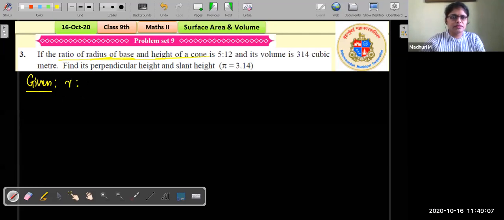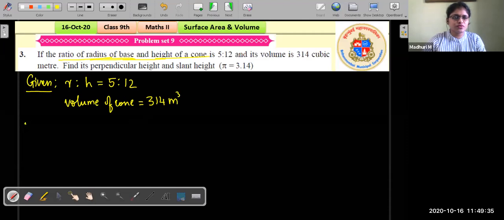The ratio of radius to height is 5:12. And we are given the volume of this structure, that is volume of cone. The shape is given, that is a cone, and the volume is 314 cubic meters, or we can write it as meter cube.